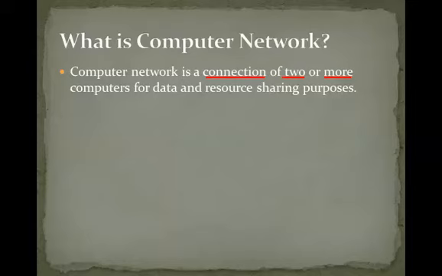At times students make a mistake and say it's a collection. No, it is not a collection, but it is a connection, not collection, of two or more computers for data and resource sharing purposes. Those are the objectives: we connect computers for data and resource sharing purposes.